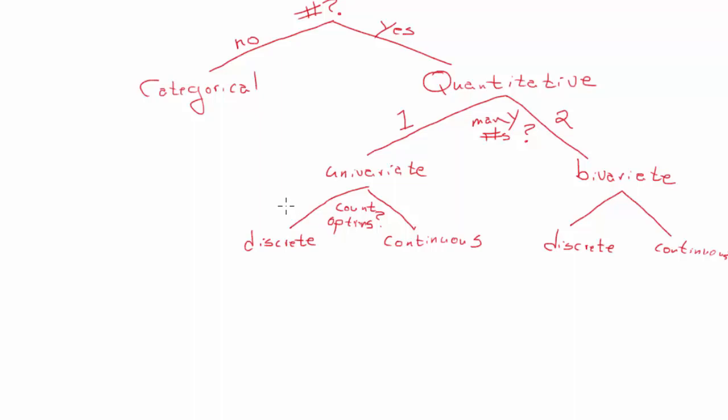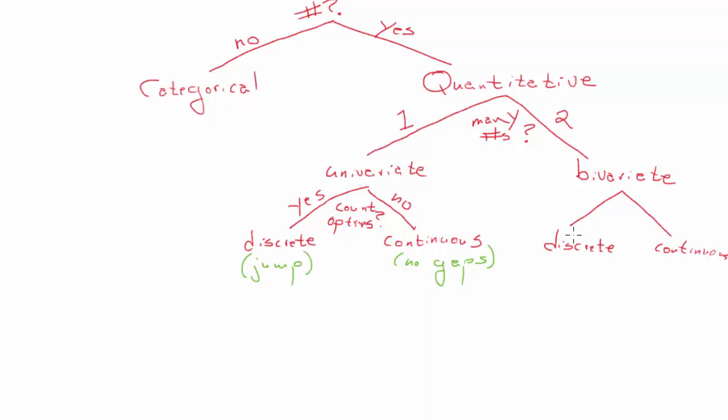If we can count the number of options, yes, then we are discrete. If no, there are an infinite number of options, then we are continuous. Or we can think, here there are no gaps, whereas for discrete data, our values may jump.